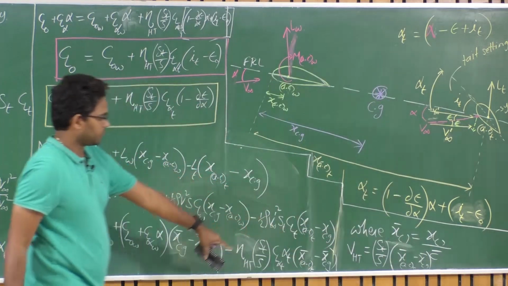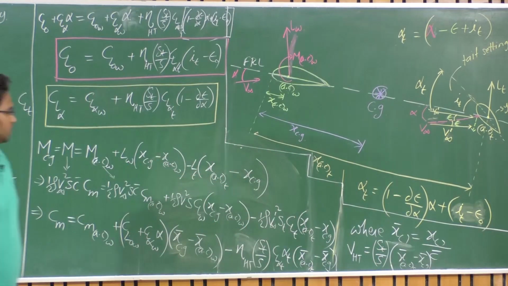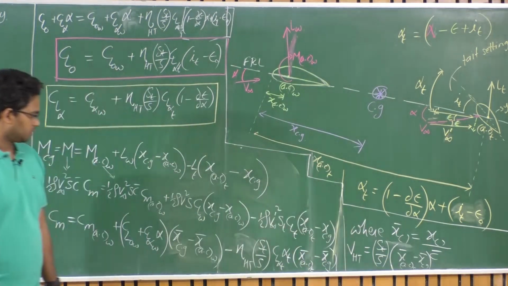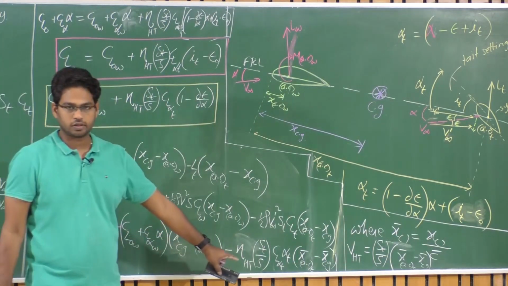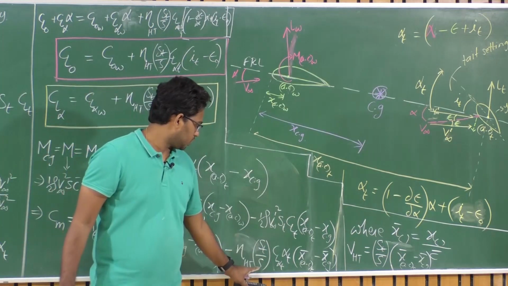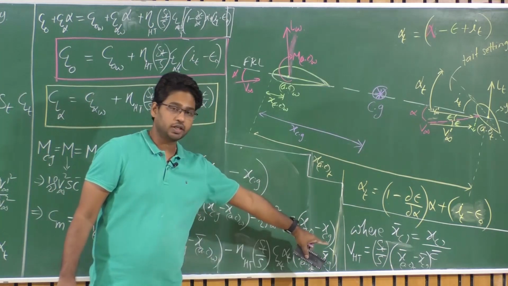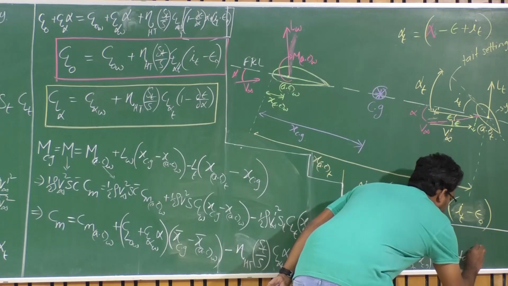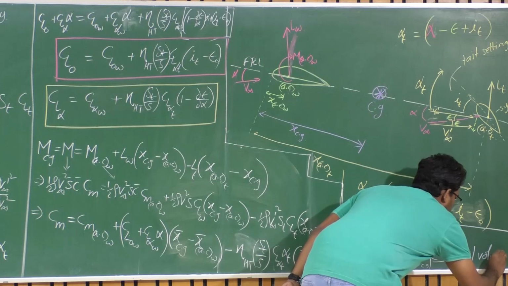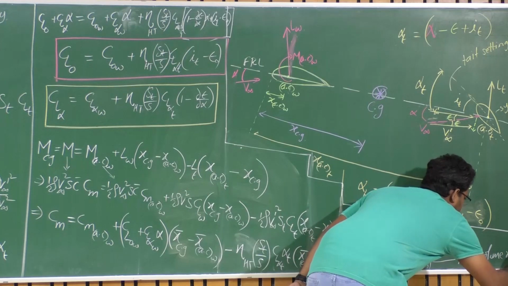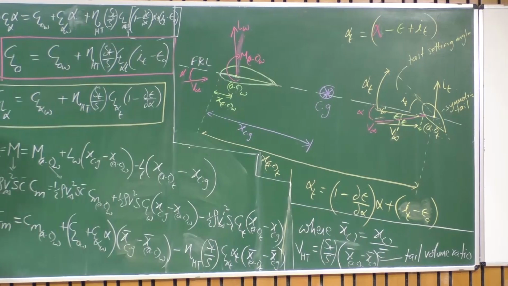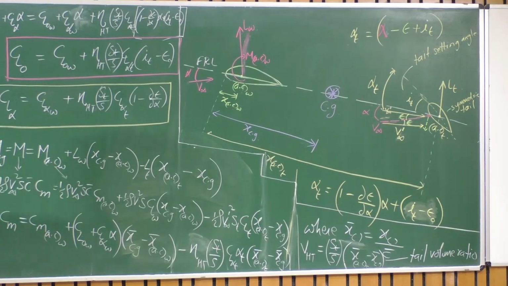But I am not going to use it for the time being. When we talk about the iterations, then we will try to use it. Till then, I would like to keep it as it is. This is called the horizontal tail volume ratio, and we also have something called the vertical tail volume ratio that we are going to discuss soon.